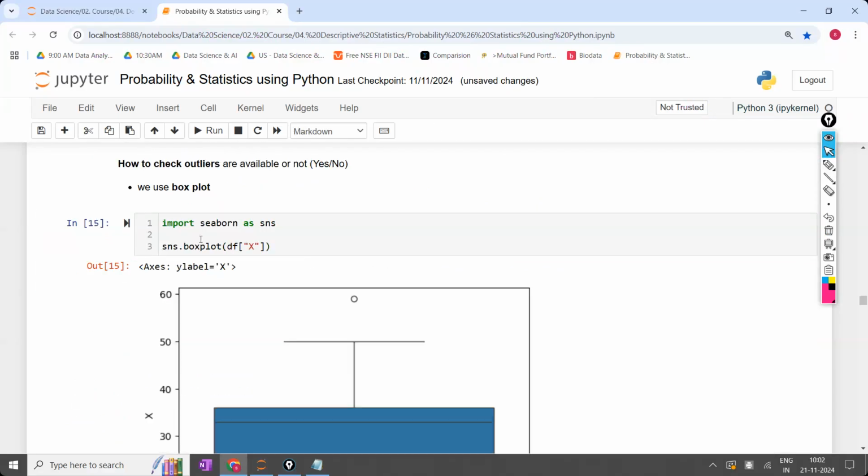For drawing the box plot, I'm going to use import Seaborn. Seaborn is a library. Sir, are you going to cover Seaborn and Matplotlib during the statistics? Miss, no. After the statistics, I will show you separately. But some of the plots are related to statistics, and those plots I'll show you here. Other than statistical plots, the remaining plots will be completed next. Once the statistics is completed, the next concept is Matplotlib and Seaborn, where we'll complete the entire plots.